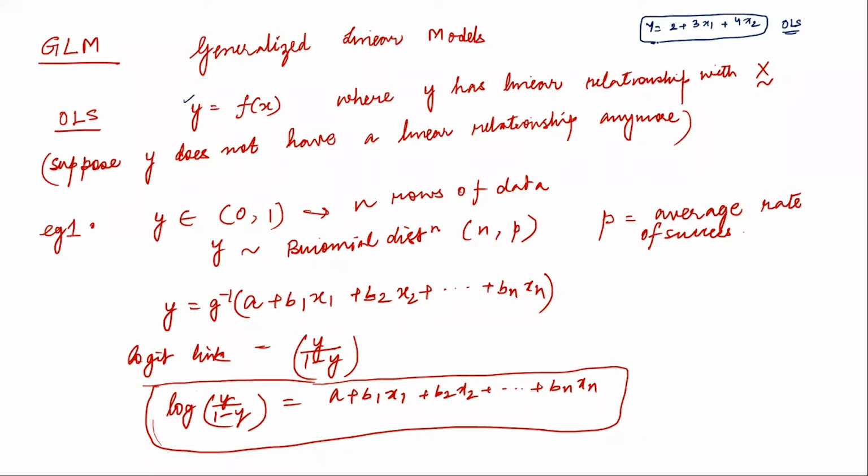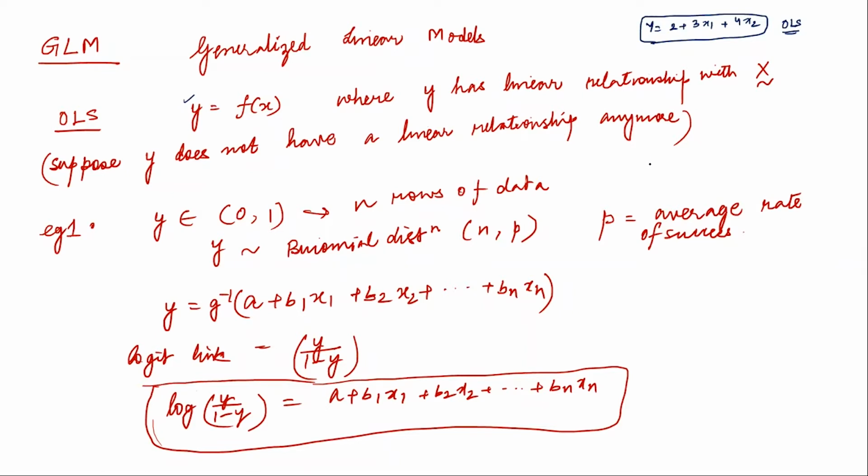Okay. Now imagine that your hands are tied. You cannot mathematically express the relationship between the dependent variable and the independent variables in this format. Then what do you do? Suppose y does not have a linear relationship anymore. Imagine that y takes only two values, 0 and 1, and you have n rows of data. So y does not come from a normal distribution. y comes from a binomial distribution, where the parameters are n and p. n is the number of rows of data, and p is the average rate of success.